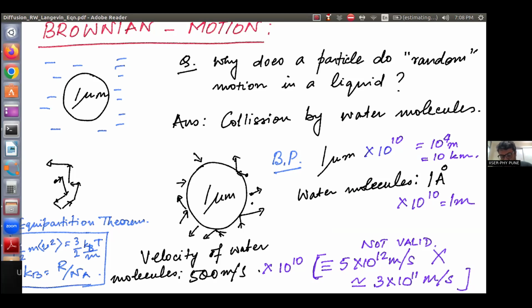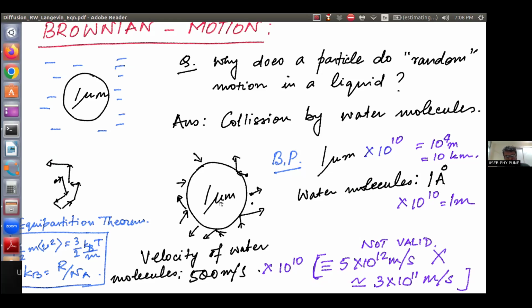It really doesn't matter for the purpose of our discussion. So it is 10,000 times smaller than the Brownian particle, and tons and tons of them are hitting at very high velocities the BP, the Brownian particle.